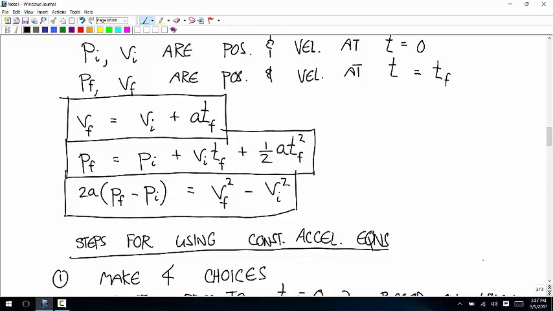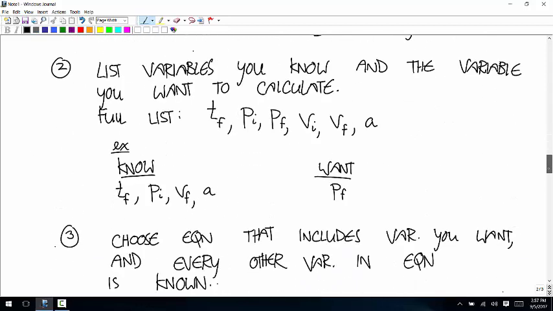The second one has acceleration, but it also has time final, so we can't use that one either. The third one has acceleration, so that's good. And the other variables are P initial and P final, and V initial and V final, and we have all those. So the third one is the one that's useful to us.